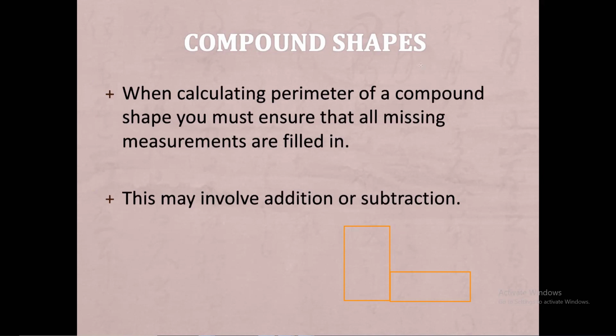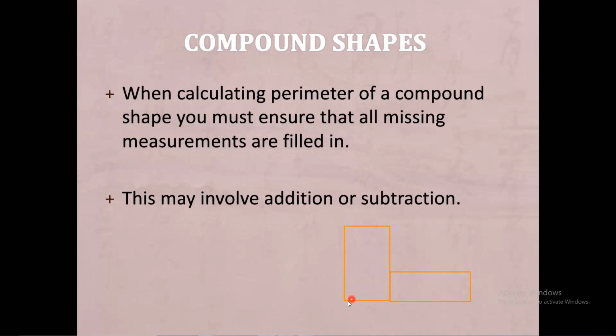So compound shapes doesn't have a formula per se. It's more of a method of watching the shape, working out whatever is missing in the shape, and then finding perimeter. That is why at the beginning of the whole lesson, you have to know perimeter of a shape is to walk around the shape.